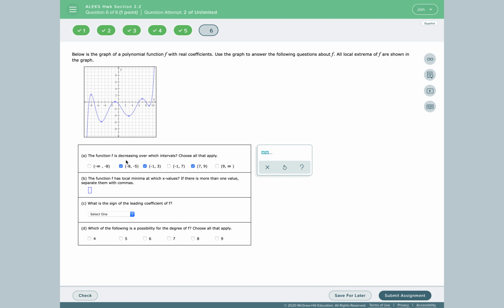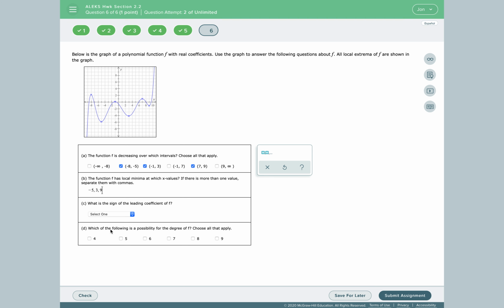For this particular case, where we have local minimum, it looks like we'll have at negative 5, also at 3, and also at 9. So I have negative 5, 3, and 9.